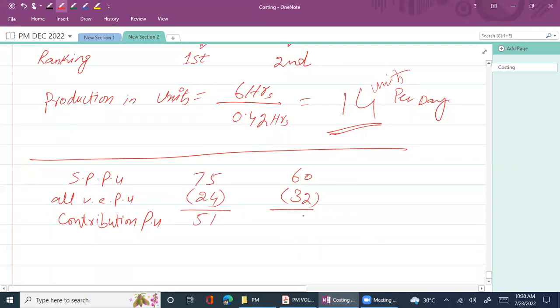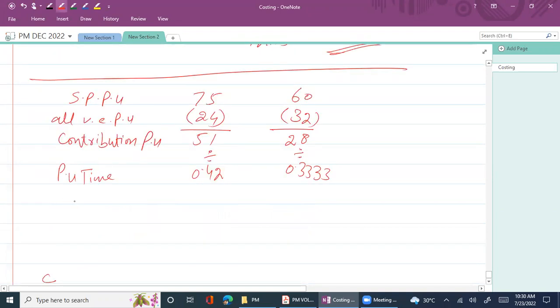So we will arrive at a contribution figure of 51 and 28. And the per unit bottleneck time is smoothing, so the per unit time is 0.42 hours and 0.33 hours. If we divide the contribution by the hours, we will get the contribution per hour.